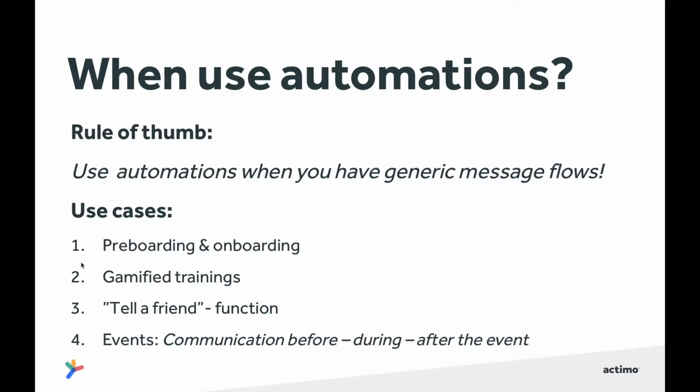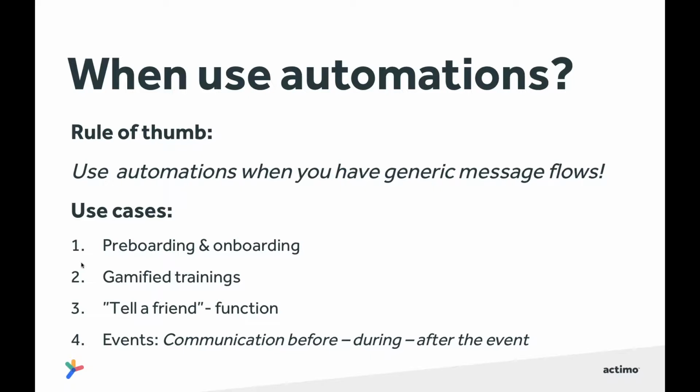As a rule of thumb, you use automations when you have generic message flows. This means when you have a pattern of messages going out at a specific time, and you can use that pattern again and again and again. This is why we often see automations being used in use cases such as pre-boarding and onboarding.